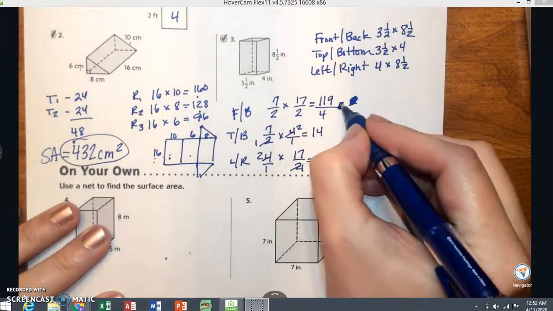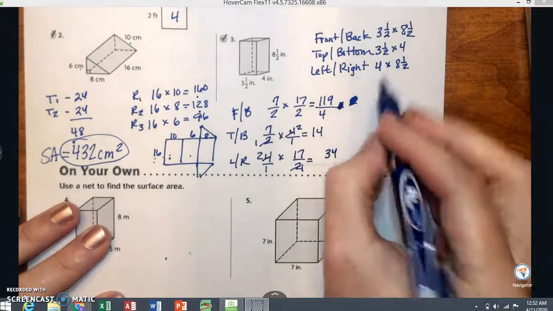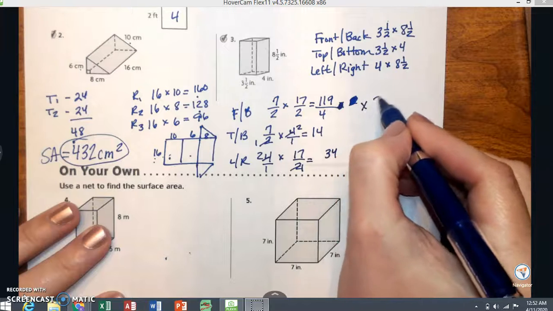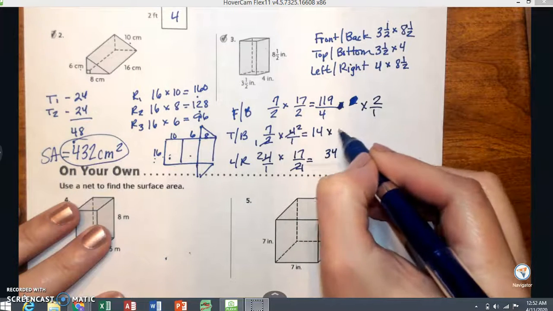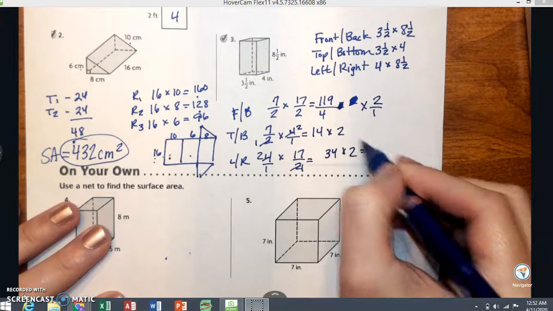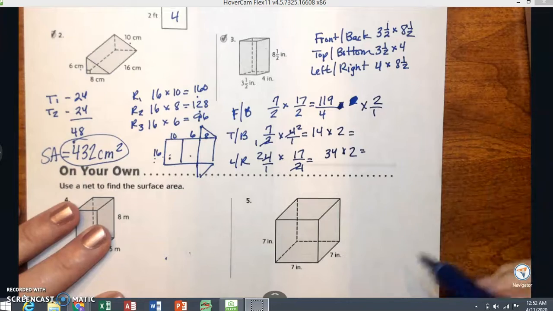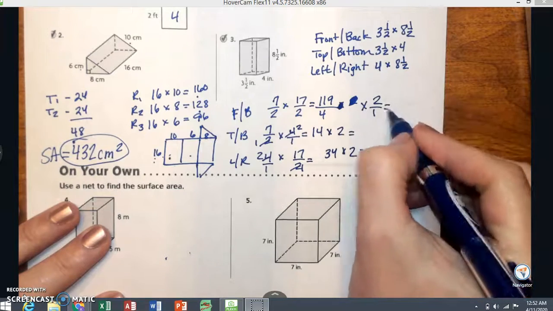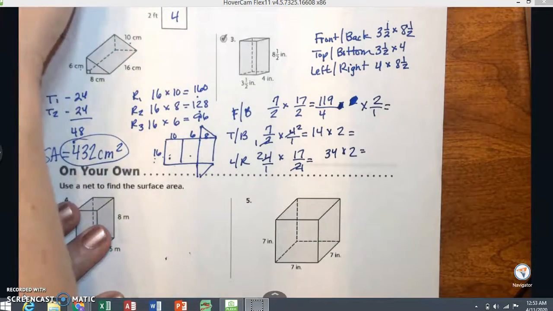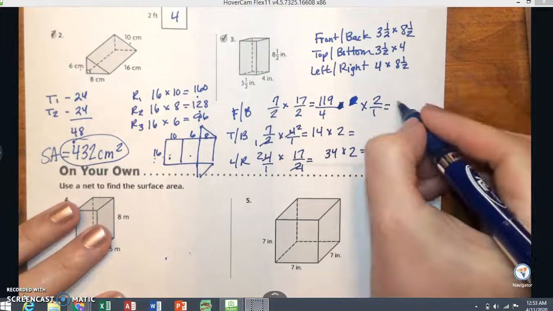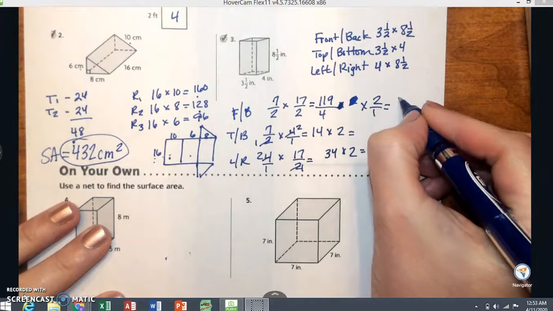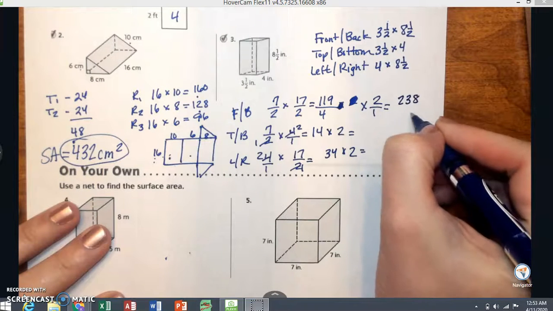Alright, now this only took care of one of the sides. So we're going to go back and we're going to multiply each one of these numbers times 2. Or I could have done that at the very end. So when I multiply by 2, 119 times 2 is 238.